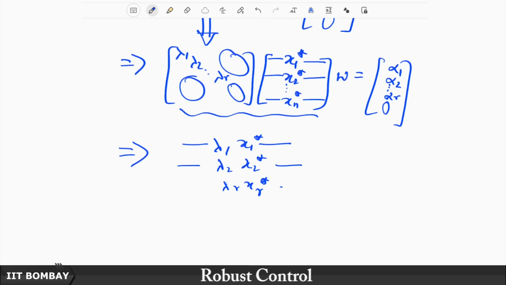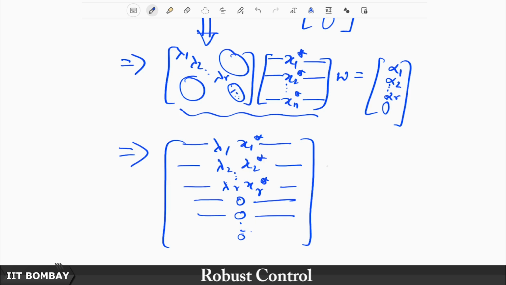These are of course row vectors, and the remaining rows get multiplied with these zeros in this diagonal entry. So, this is a row of zeros like this, times some w, is equal to alpha 1, alpha 2, dot dot dot till alpha r, and then this 0.